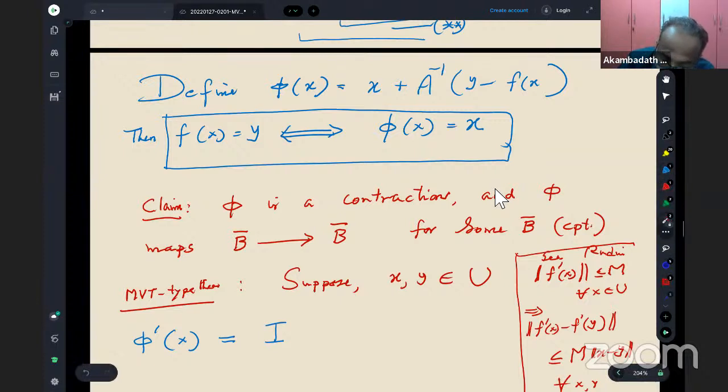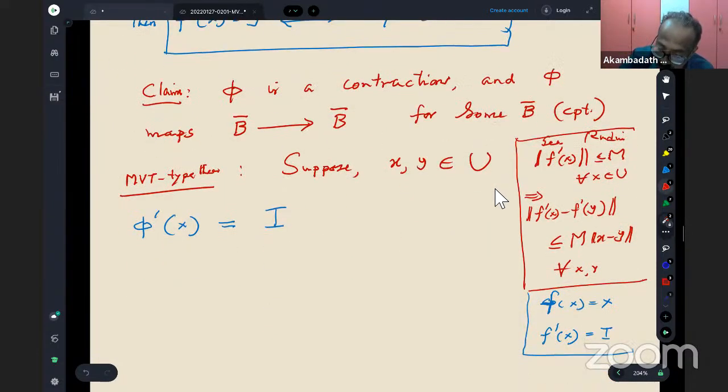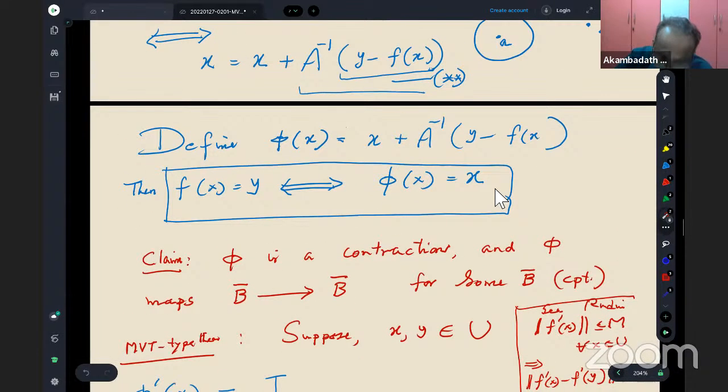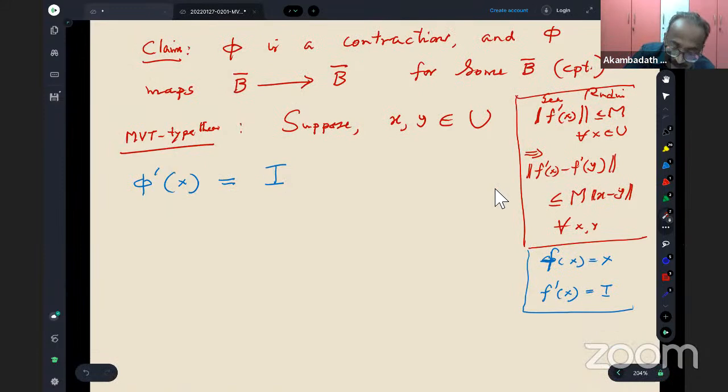This part is a constant, and for this part, it is A inverse f of x. But A inverse is a linear operator acting on f of x, so only the derivative of f will come. If you are not convinced, you can write down and compute precisely.